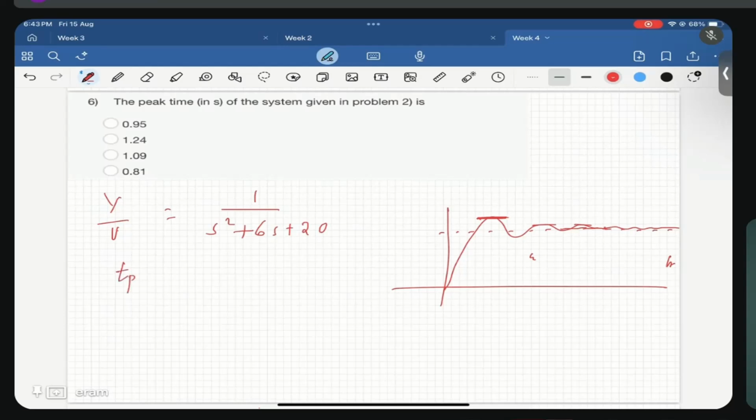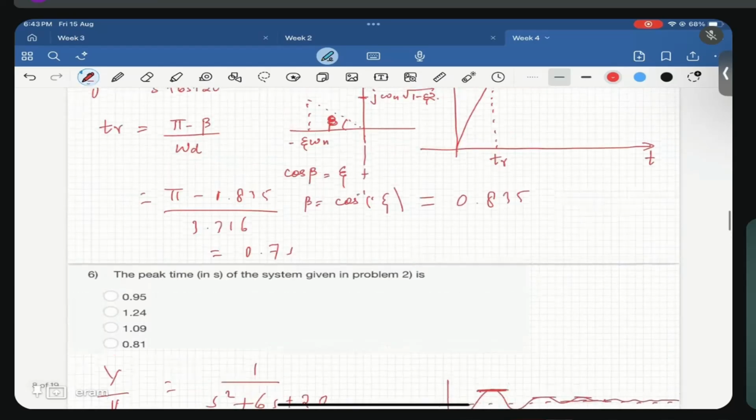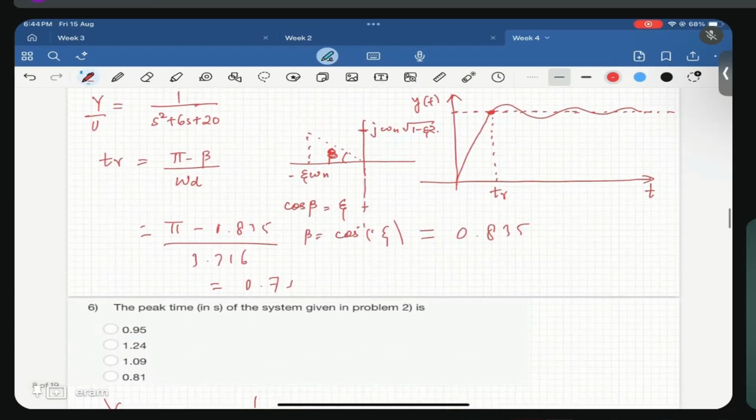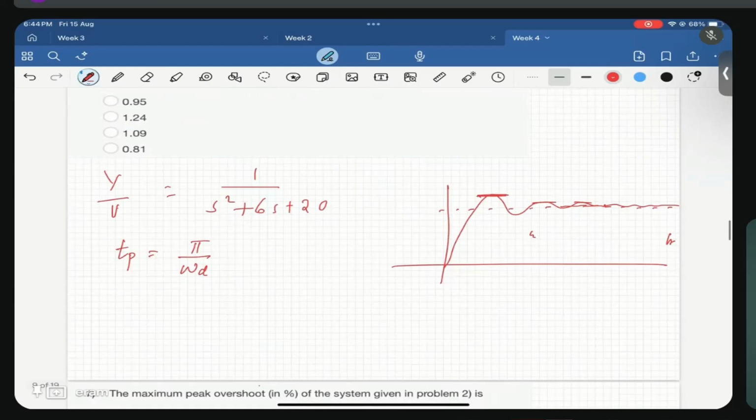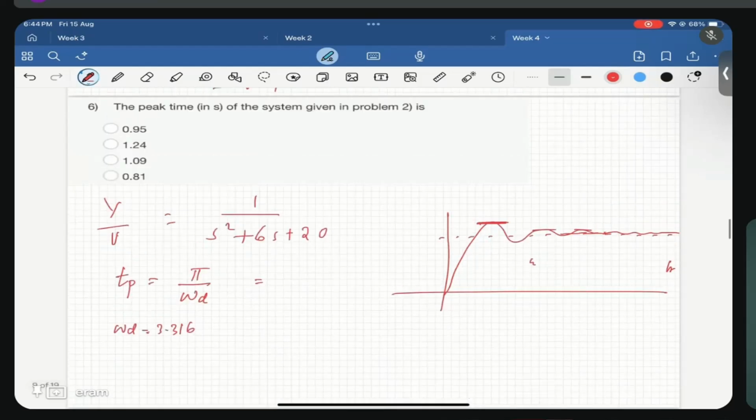So the peak time is given as pi by omega d, and omega d, I think we have calculated in the previous question, it was 3.316, right? So omega d was 3.316, so TP will be how much? 0.95, yes, correct.